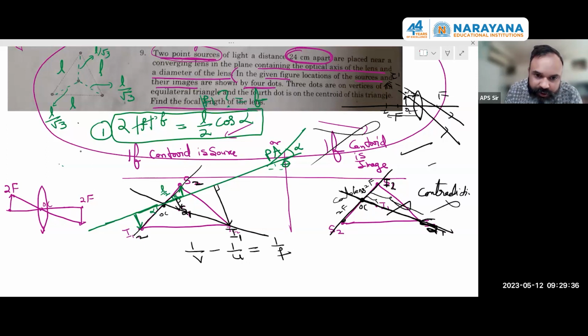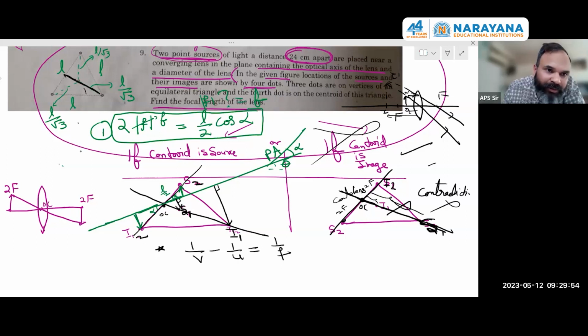I've drawn perpendiculars for both points. Now I have to write the v and u values. So observe carefully the distance from this center point to this point.